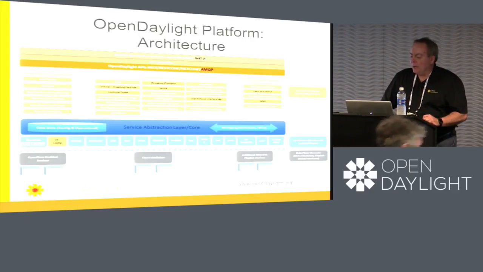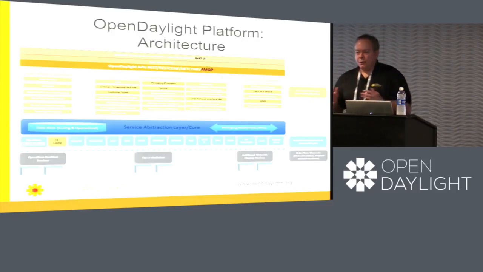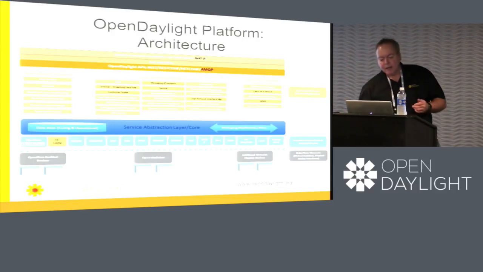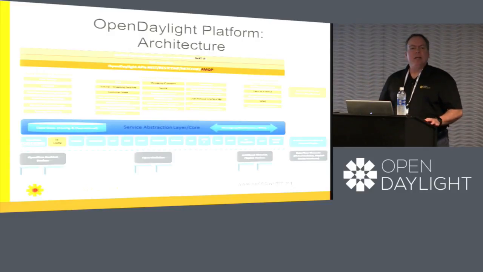In addition, Beryllium also added a new GUI development kit that can be used with applications that are interacting with OpenDaylight. This diagram not only shows the fundamental architecture, but also the new things that are in Beryllium. The things that are in the tan and highlighted in black are new to Beryllium. But in general, you've got a series of services.